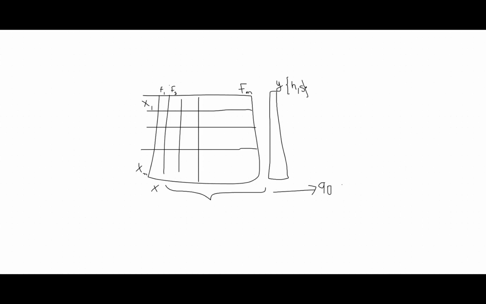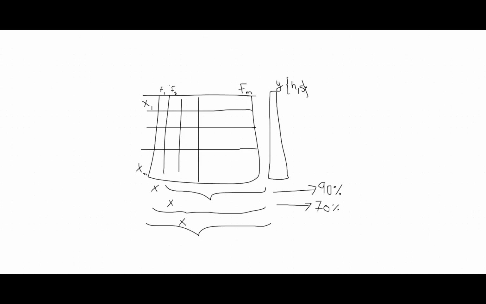Great. Now I will do the same thing, but train with everything except F2. Now the accuracy dropped to 70%. Uh-oh, what does this tell me? This probably tells me that F2 is a good feature. Now I'll do the same exact thing for all the M features that I have.